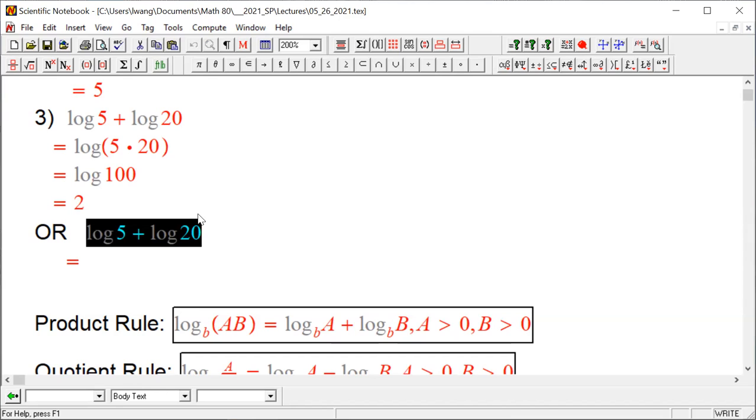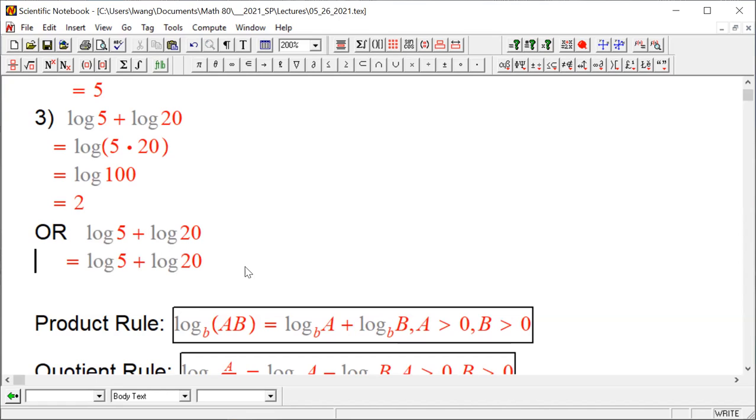Log 5. Do you think another way might work? So how are you going to split the 5, 20, right? I want you guys to think about it. Is there another way?